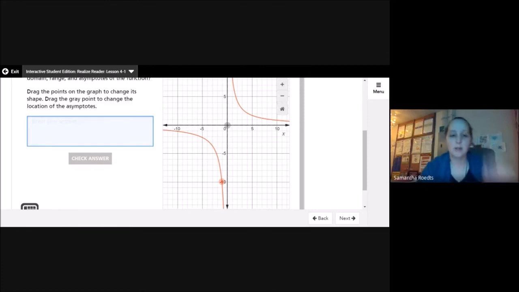So my domain is x, but x cannot equal 0.